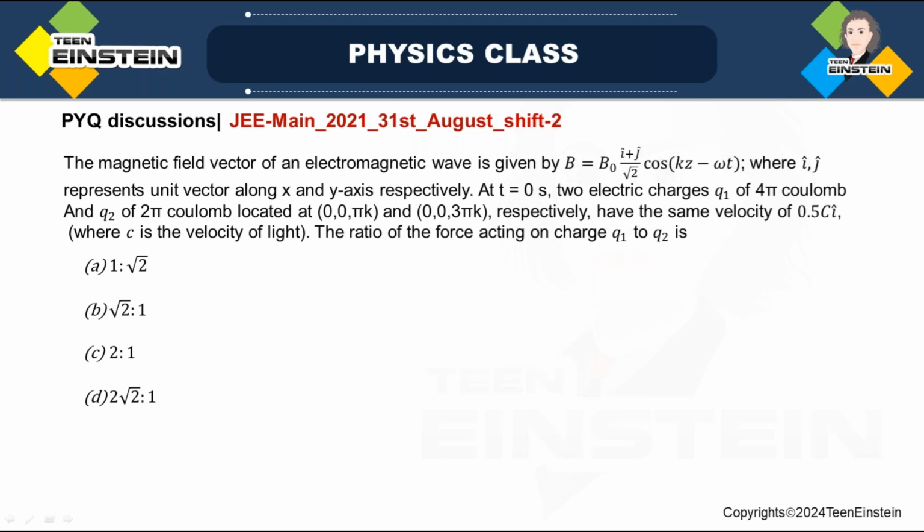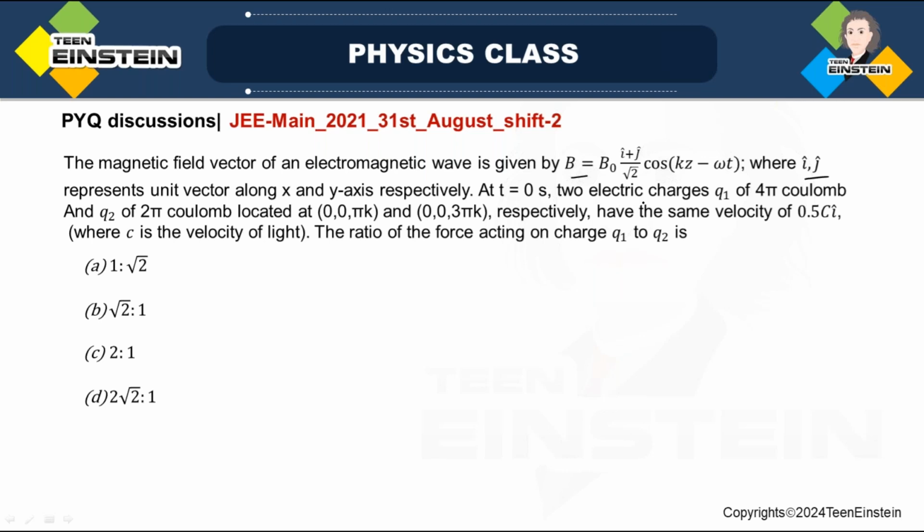Let us read this and try to solve it. The question says the magnetic field vector of an electromagnetic wave is B equal to B0 (i plus j by root 2) cos of (kz minus omega t), where i and j represent the unit vectors along x and y axis respectively.